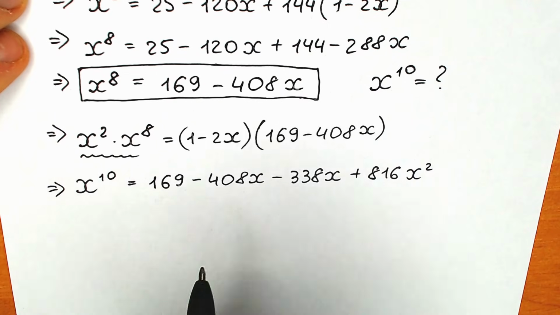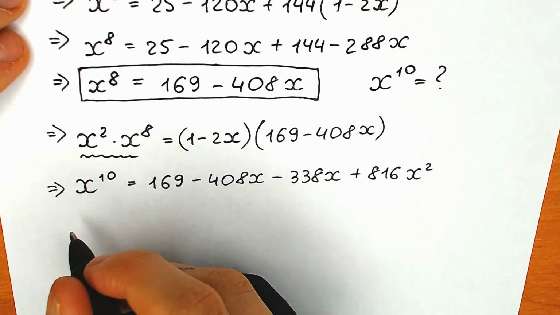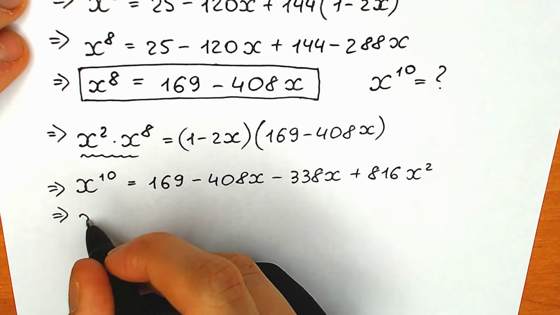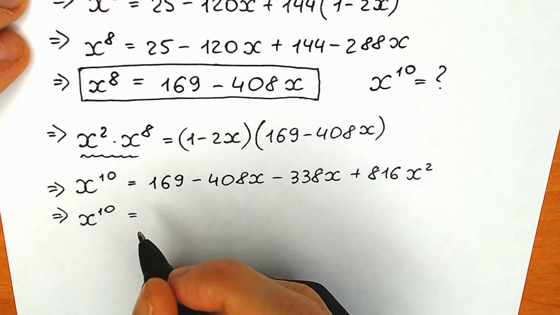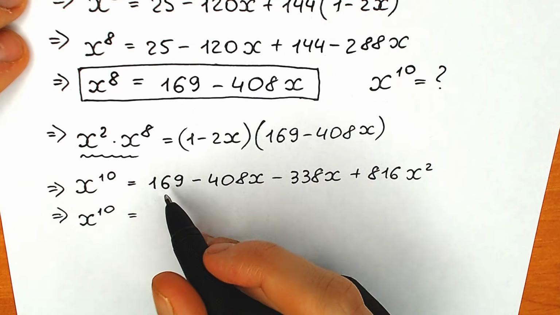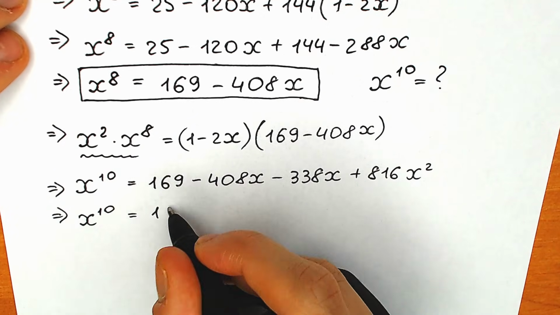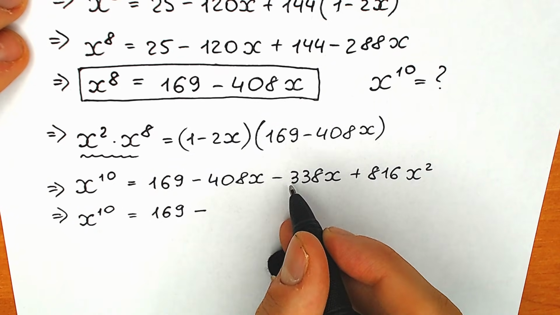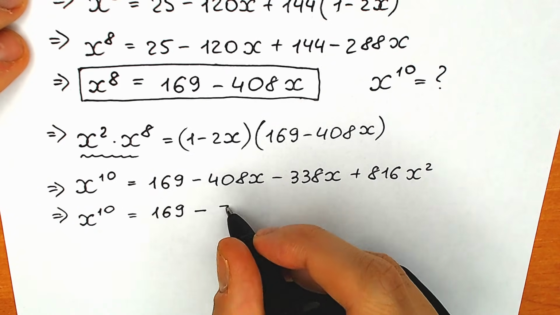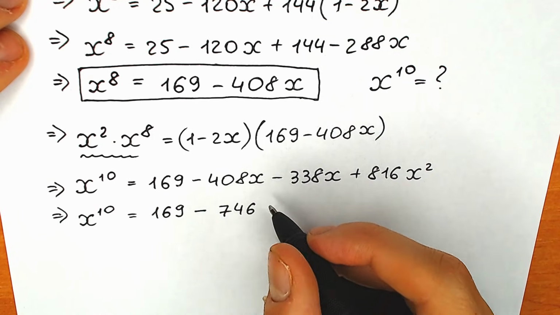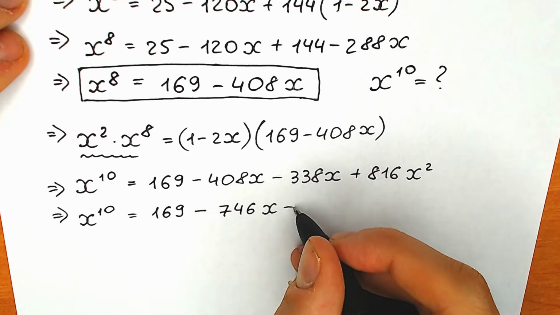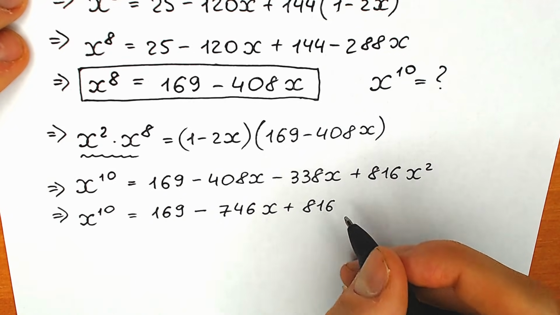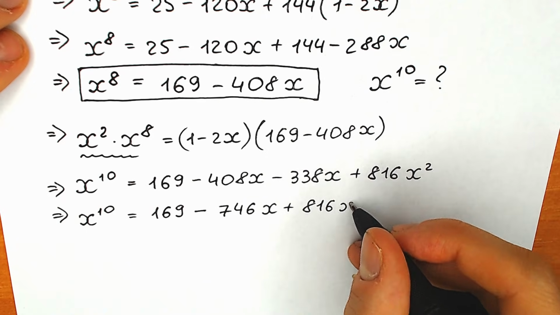So let's simplify this. Right here we can simplify something. So we have x to the power 10 equal to 169 minus 408 minus 338, so minus 746x, and plus 816x squared.